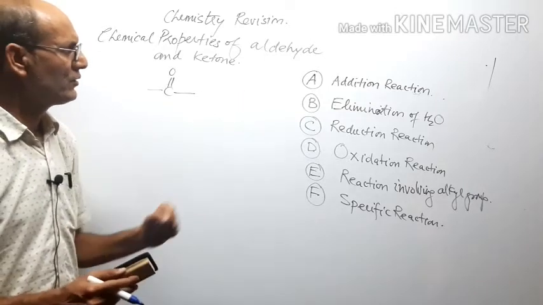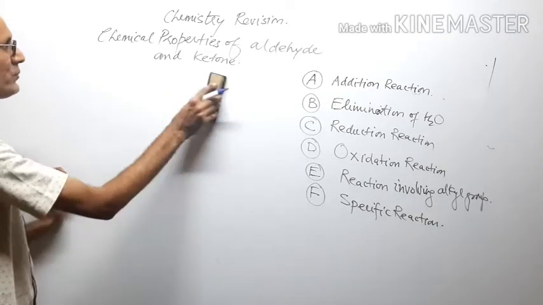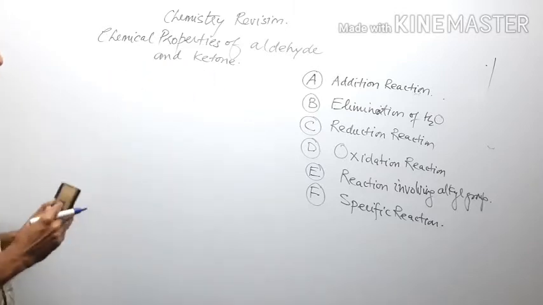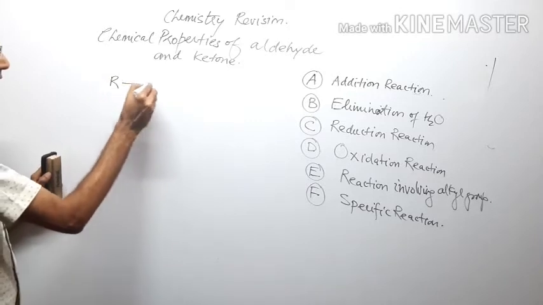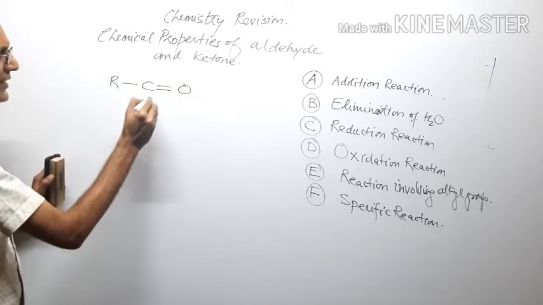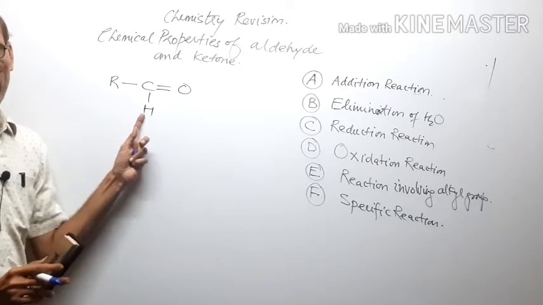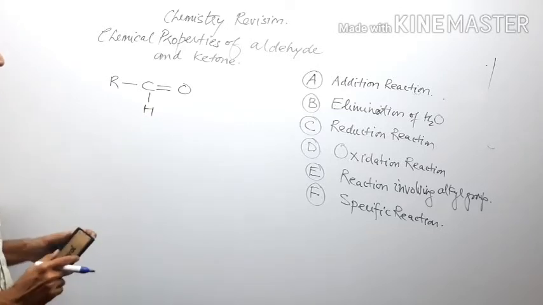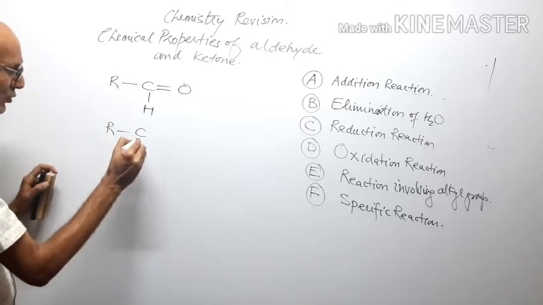First of all, I am going to explain the addition reaction. As you know, aldehyde or ketone both contain the carbonyl group. This is aldehyde; it contains one hydrogen atom, and ketone contains no hydrogen.